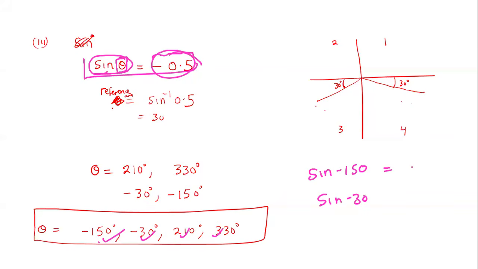Okay, members, let's continue. Now I'm going to give you, and always read the item to understand. Solve each for 0 degrees less than or equal to x less than or equal to 180 degrees.